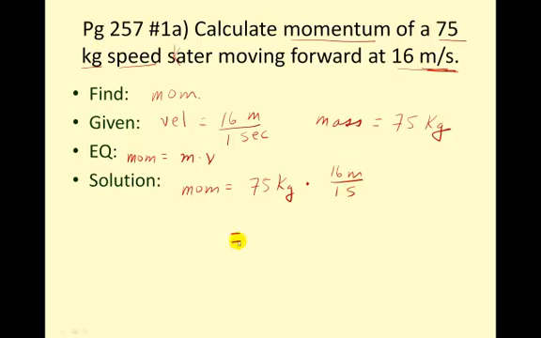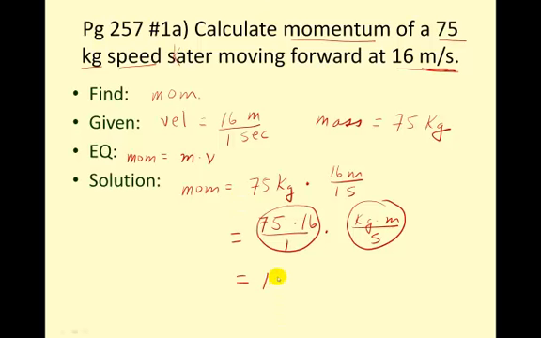We can translate this and get all the numbers together: 75 times 16 over 1, times kilograms times meters over seconds. Notice I put all the numbers together in one spot and all the units together in one spot, and then we figure out what we have. This is going to equal 1,200 kilogram meters per second. And that's your answer for the momentum.